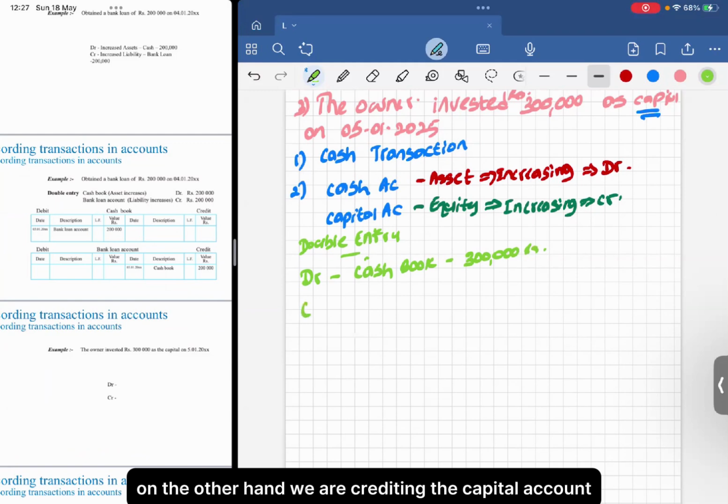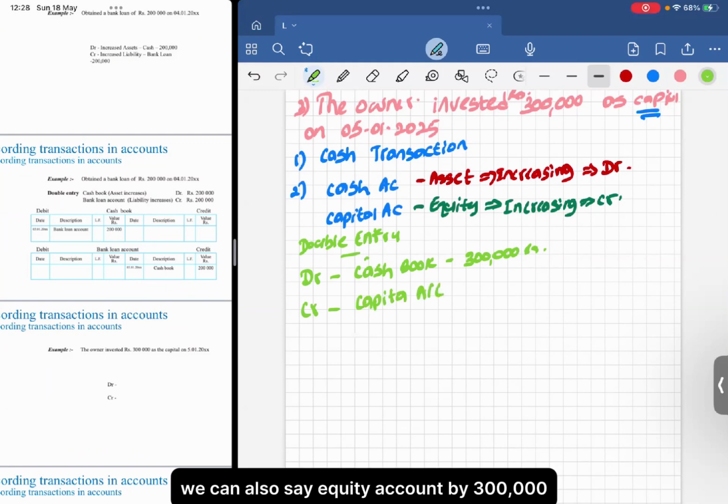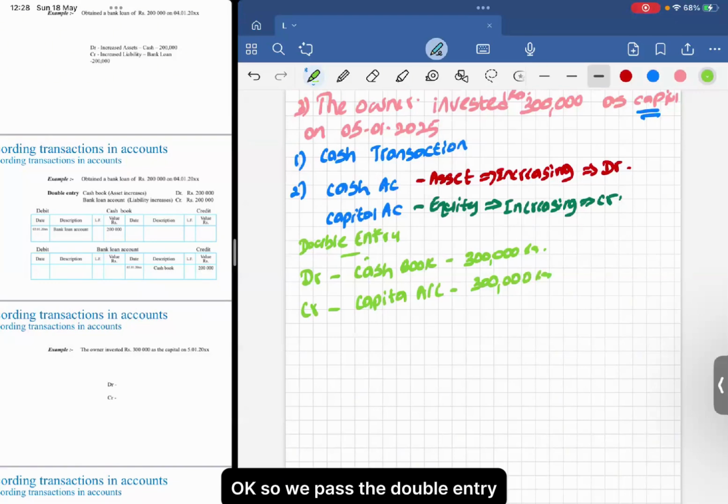On the other hand, we are crediting the capital account, or we can also say equity account, by rupees 300,000. So we pass the double entry.